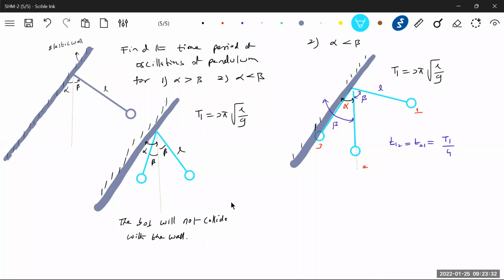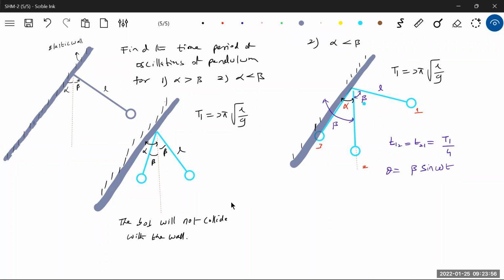What is the amplitude of oscillation of this bob? It will be beta, no? So then we'll take this equation, theta equal to beta sine omega t. Time taken for the angular displacement to become alpha. Is it okay? Then what is omega?